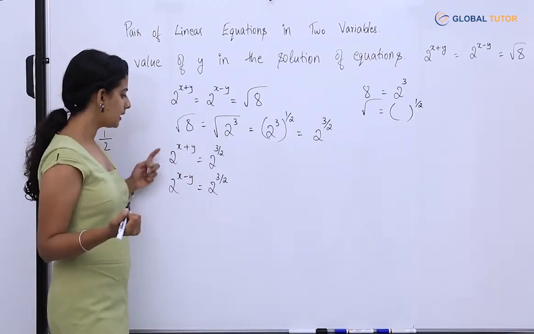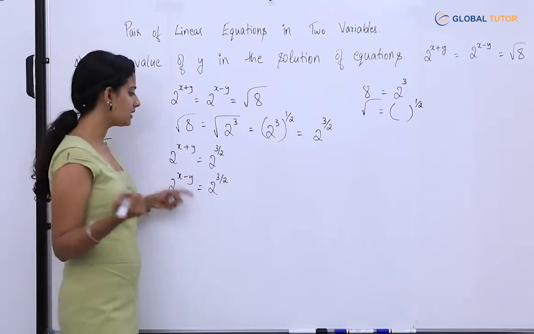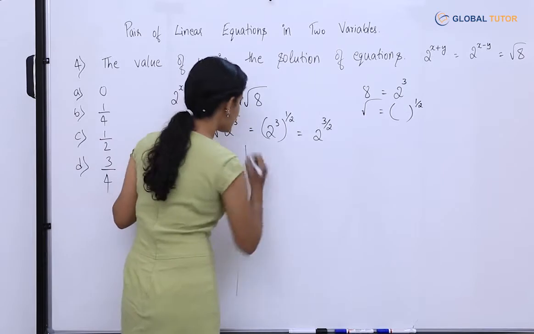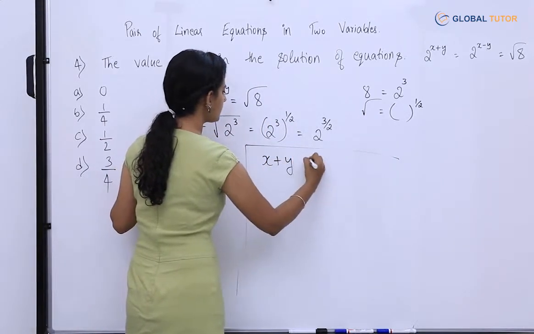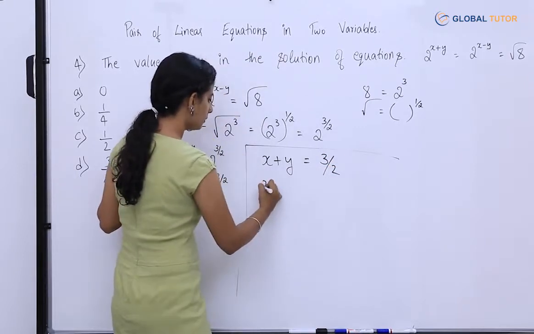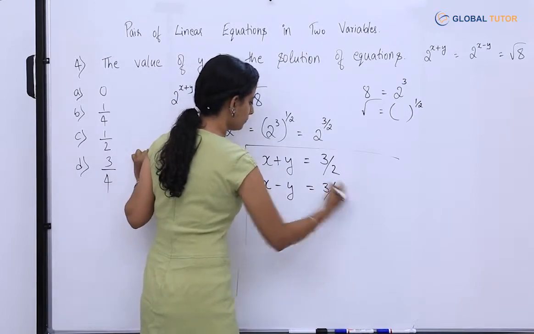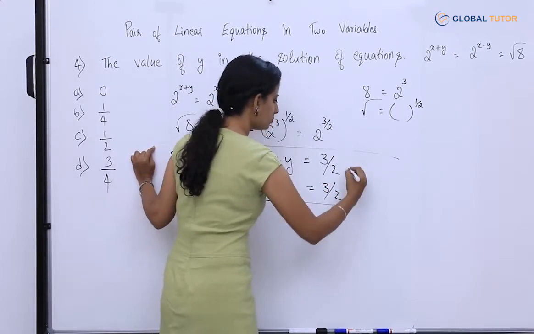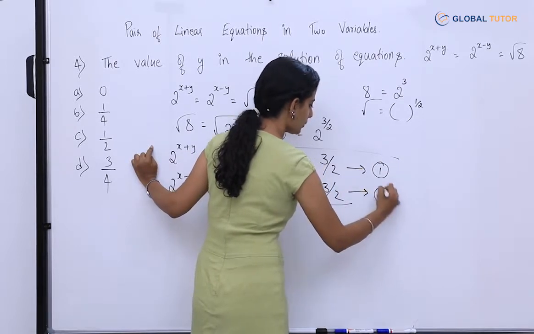So what does this mean? Here the base is same, 2, right? So we can write this as x plus y is equal to 3 by 2 and x minus y is equal to 3 by 2. Now let's call this equation 1 and let's call this equation 2.